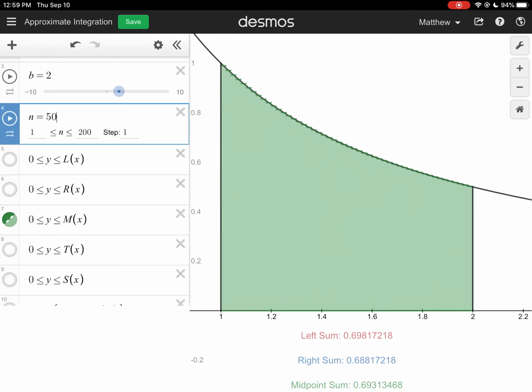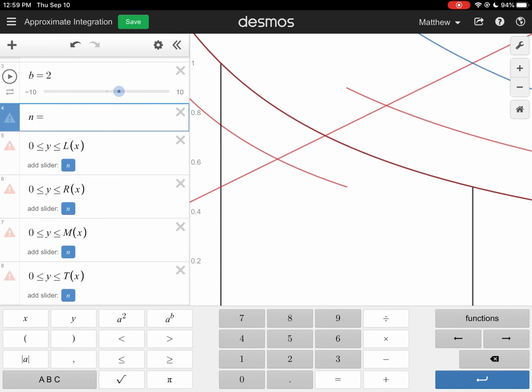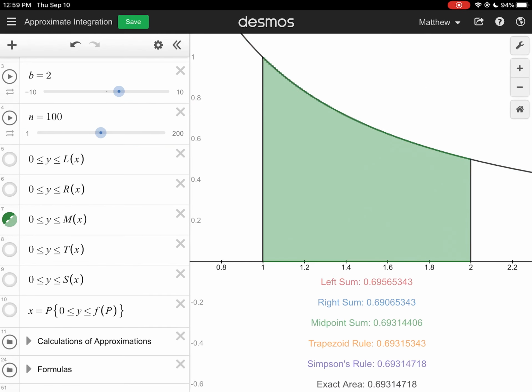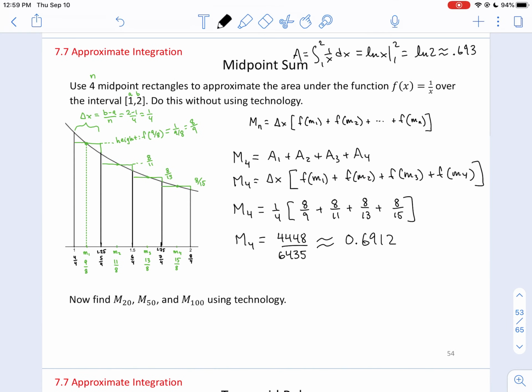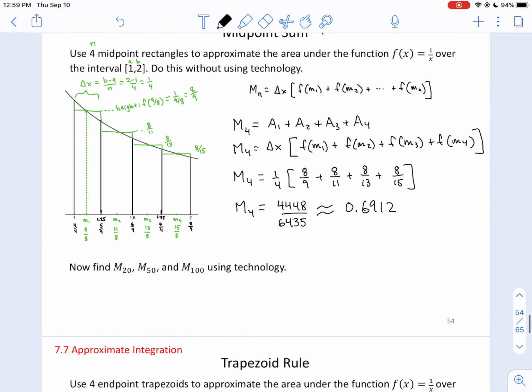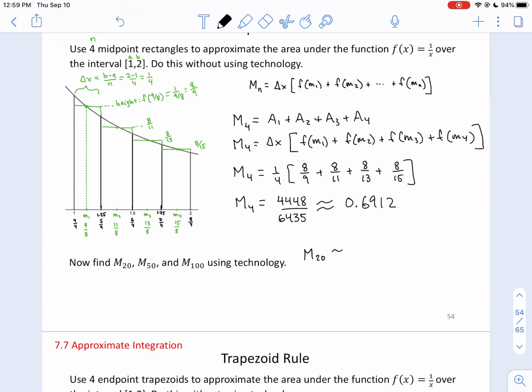And then the last one was to do 100 rectangles. Let me change that 50 to 100. And here's a midpoint sum of 0.69314406. All right, so moving those results to our work over here, M20 was approximately 0.69306991. Doing 50 midpoint rectangles gave us approximately 0.69313468.